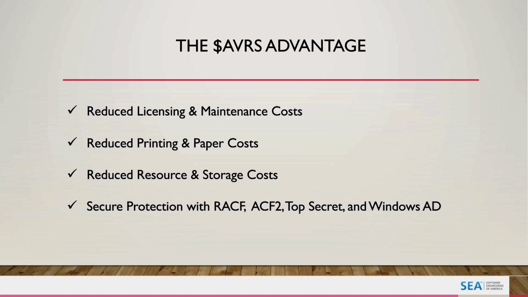Storage costs are reduced by using our proprietary self-optimizing database. You also have the ability to eliminate the need for more expensive and aging archive methods. Most importantly, Savers ensures secure access via any standard security tool, RACF, ACF2, Top Secret, and Windows Active Directory.